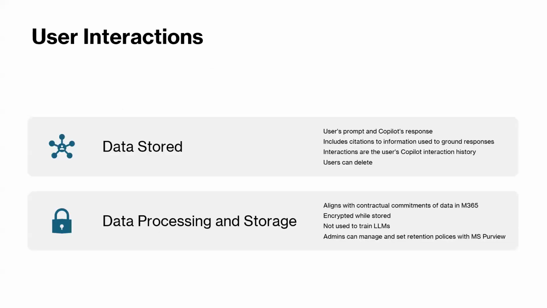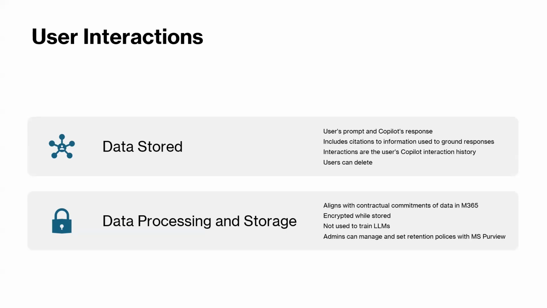As far as what data is stored, it's really just around those interactions. So that user prompt, the question they ask, that interactive dialogue you have with Copilot, the prompt and Copilot's response, along with any other references it might have made to help ground that response in your data.